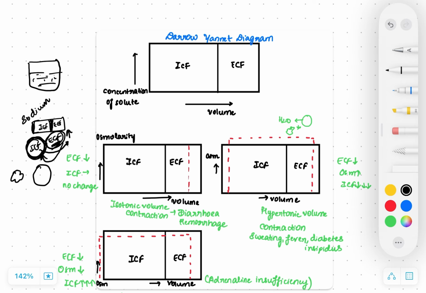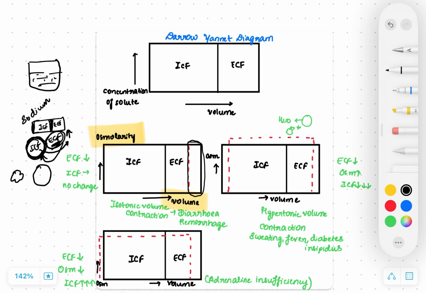So let us see the graphs one by one. In the first graph, the x-axis denotes the volume and the y-axis the osmolarity. The first diagram shows isotonic volume loss: there is a loss of volume, but it is equal to the osmolarity, so there is no change in the osmolarity of the extracellular fluid.